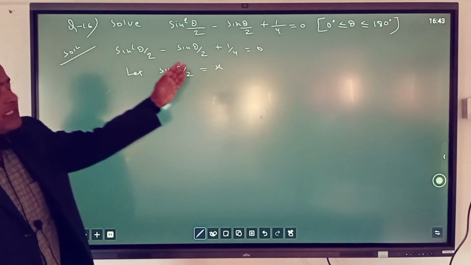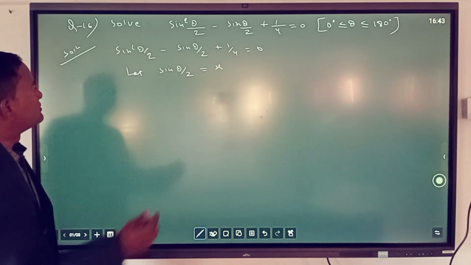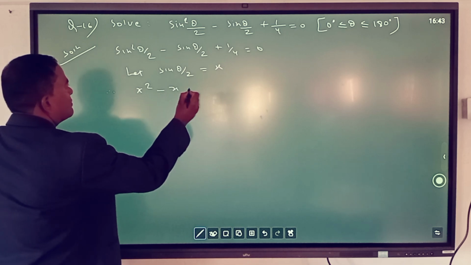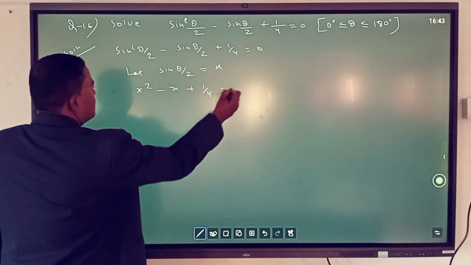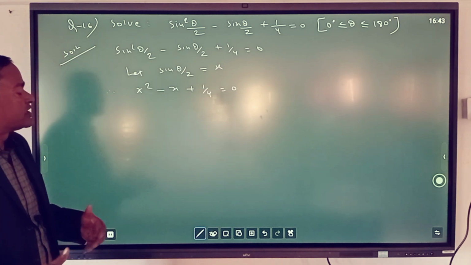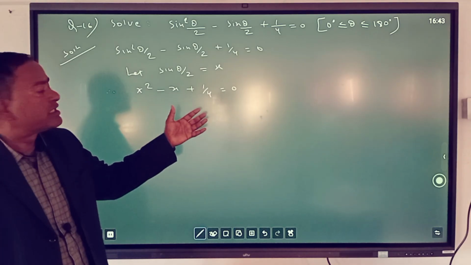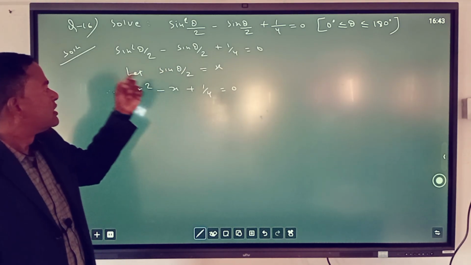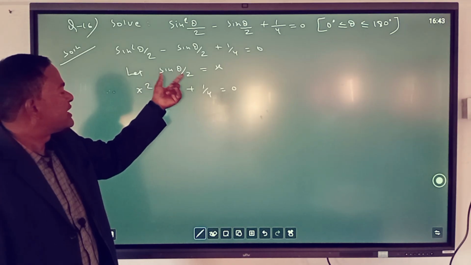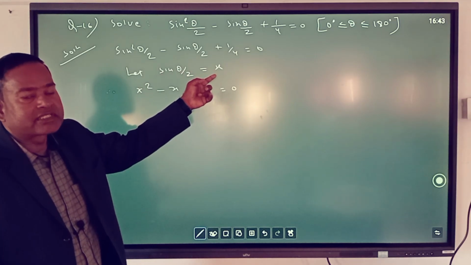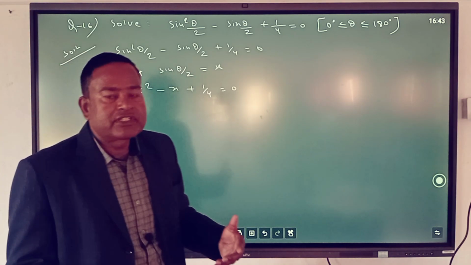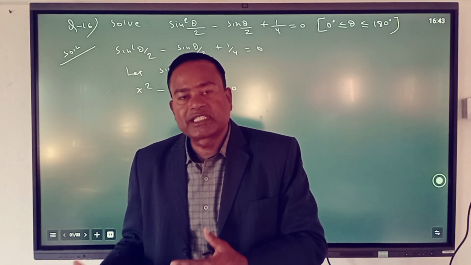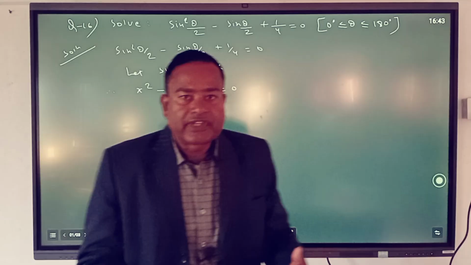Then the given trigonometric equation will change into x² − x + 1/4. Simply we have substituted sin(θ/2) by x, so that the equation changes in the form of the variable x.